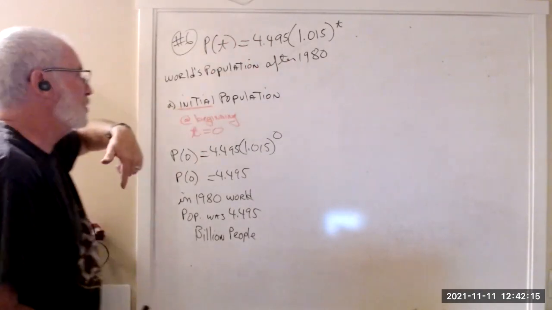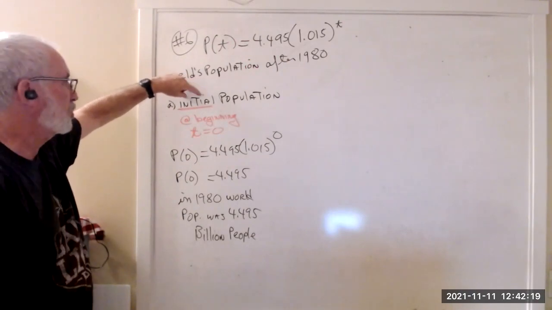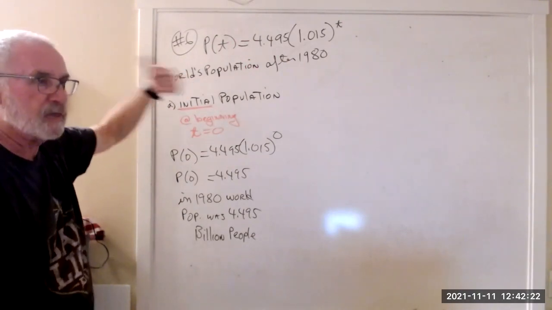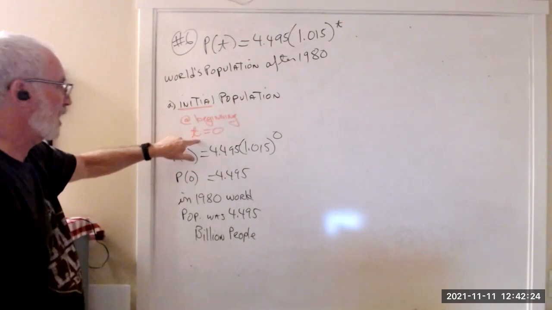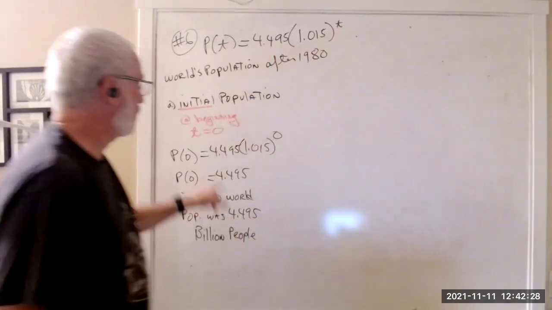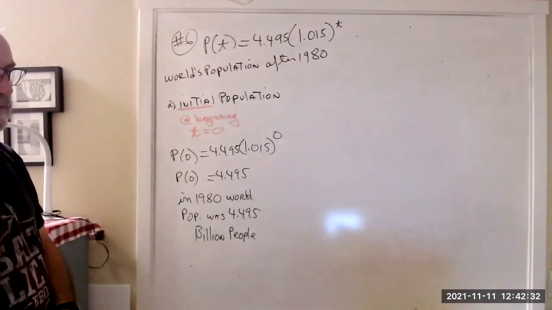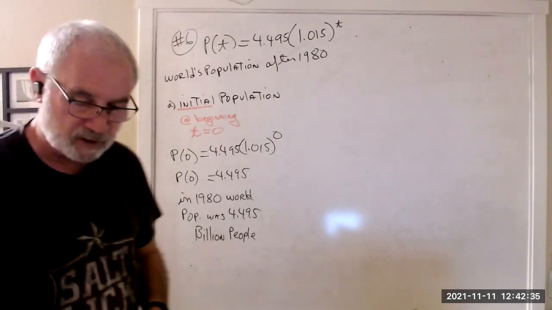But I wanted to use this as a way of, again, discussing vocabulary. Initial means at the beginning, it means time is worth 0. So you take this formula, time is worth 0, work it out, we still get that answer. Okay, that was the initial population.